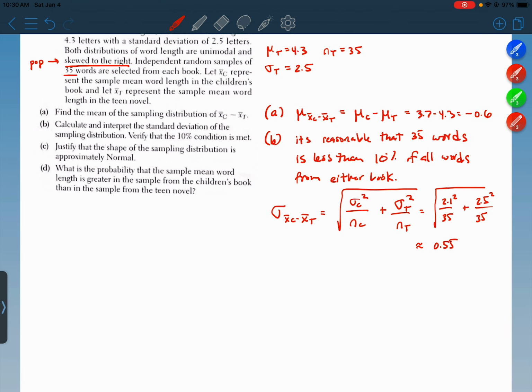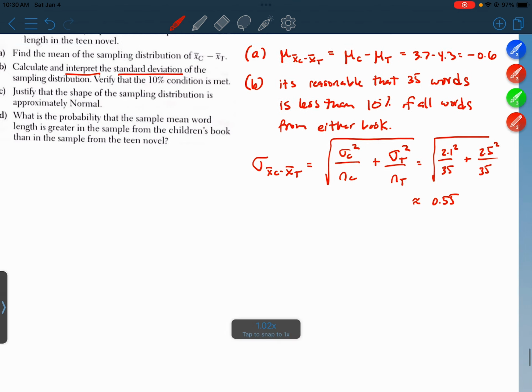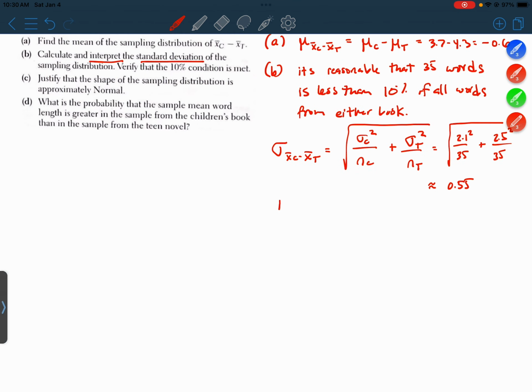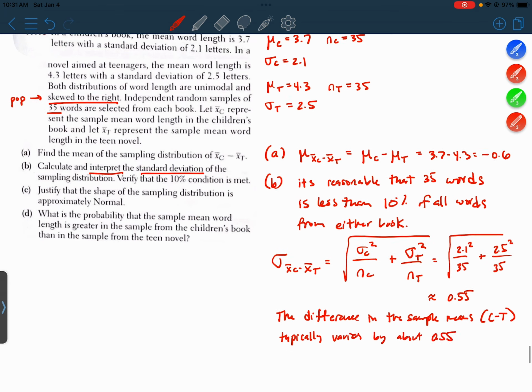All right, we also want to interpret it. So because it's a standard deviation, we're going to talk about how things typically vary from the mean. Okay. So we can say the difference in the sample means, and we're doing the children's book minus the teen book, typically varies by about 0.55 letters.